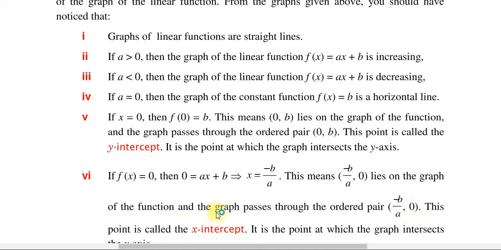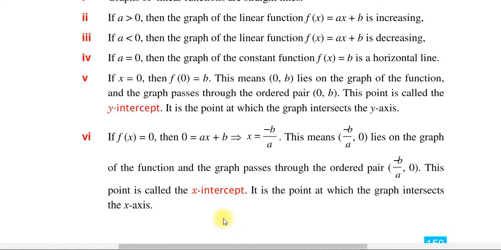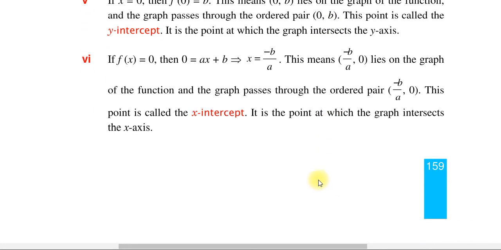This point is called the x-intercept. So (negative b over a, 0) is the x-intercept and (0, b) is the y-intercept. The x-intercept is the point where the graph intersects the x-axis.